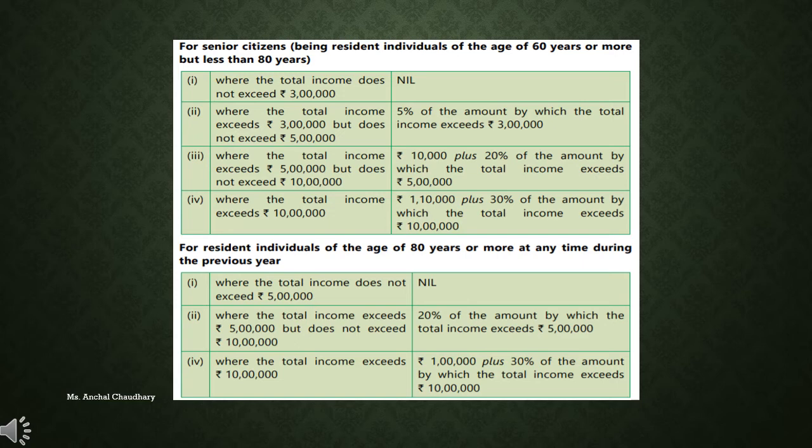So up to 5 lakh you don't have to pay any amount of tax, and between 5 lakh and 10 lakh income you have to pay a tax of 20%. When your total income is exceeding 10 lakh, you have to pay the tax of 30%. So this is how you have to calculate the tax rates on the taxable income of individuals.